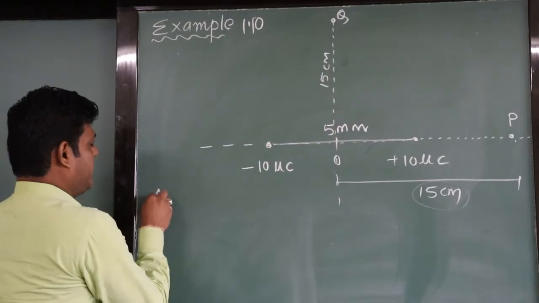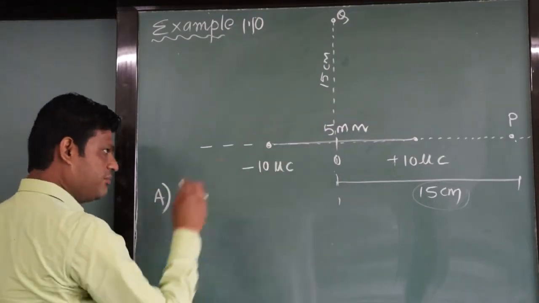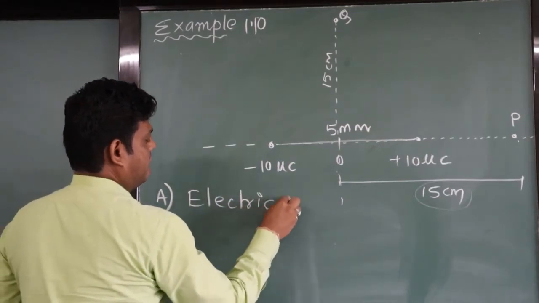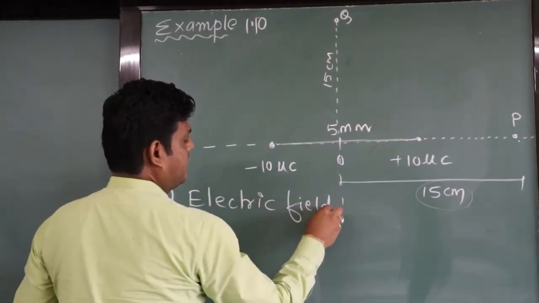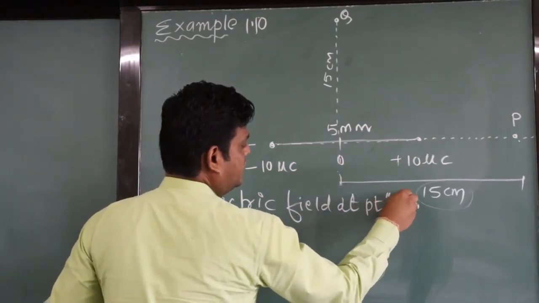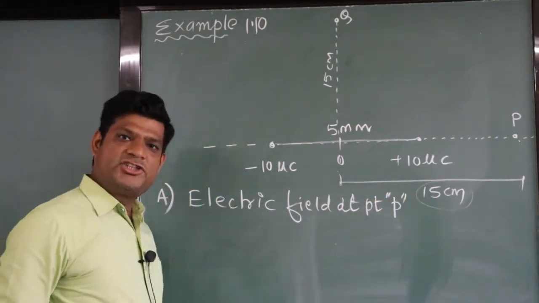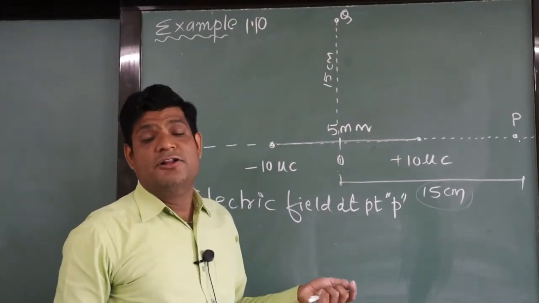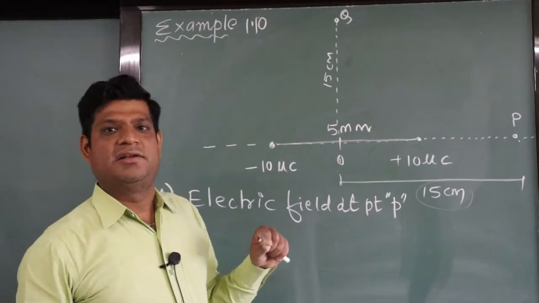Electric field at point P. This point P is on the axis, that is why we are going to calculate the electric field on the axis, also known as E axial.